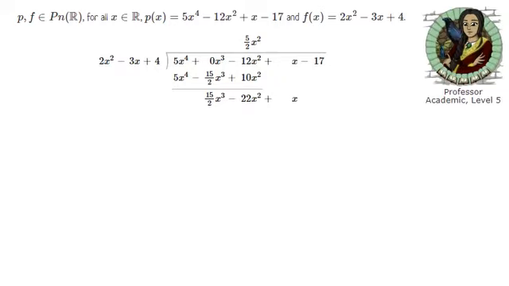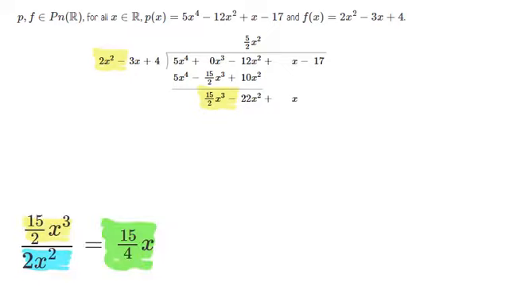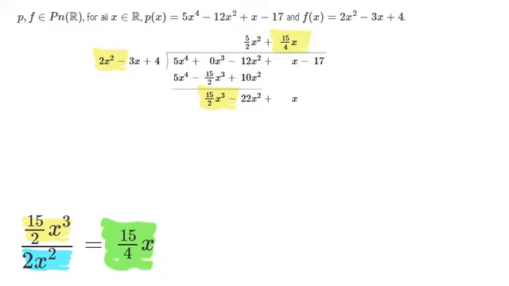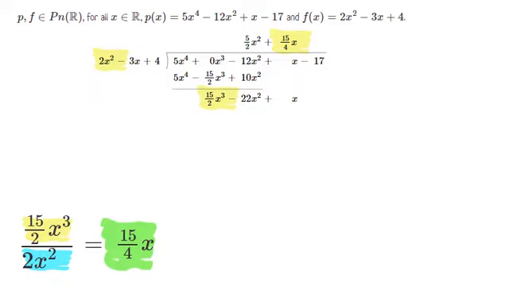The process now repeats. We divide the first term of the new remainder by the first term of the divisor. Giving us the next term in the quotient, 15 over 4x. Again, multiply the new term by each of the terms in the divisor.